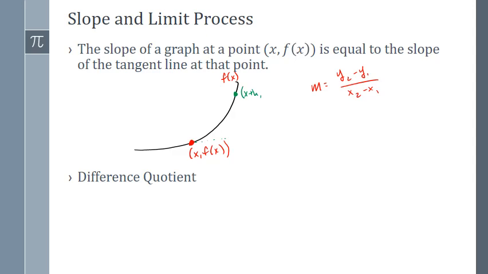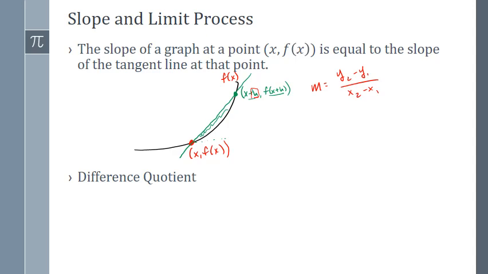So we have this new point x plus h, and then we have f of x plus h. That should kind of look familiar to you guys. I can find the slope of that secant line. But that's not a very good approximation because I've got all this wasted space in between. So what we want to do is get that h value, this change, as close to our original point as possible.